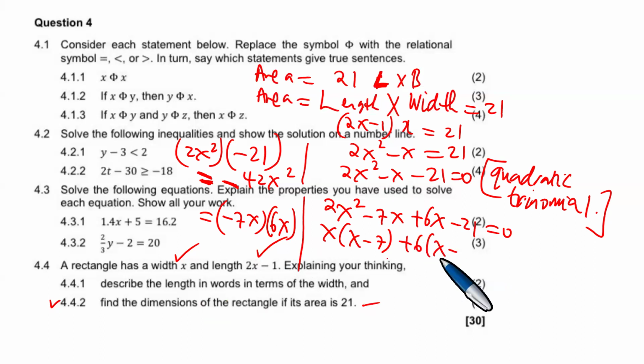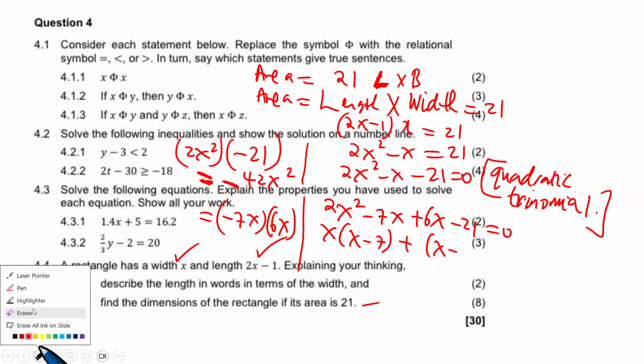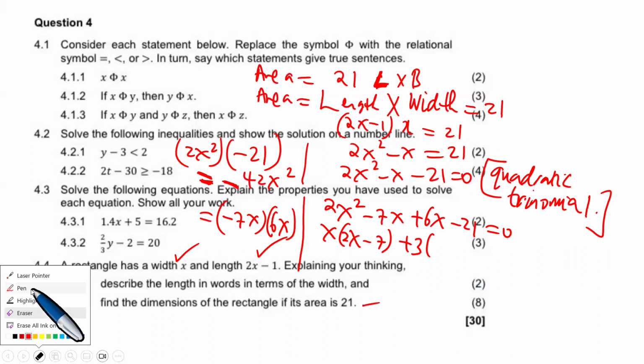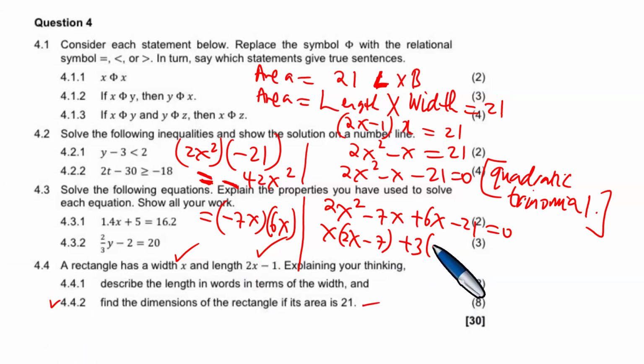You can pull out a 3 here, because if you pull out a 3 out of this, you get a 2, since 3 times 2 is 6. So factoring out 3 out of 6x, you get a 2x, and you have a minus 7, because 3 times 7 is 21. So we continue.